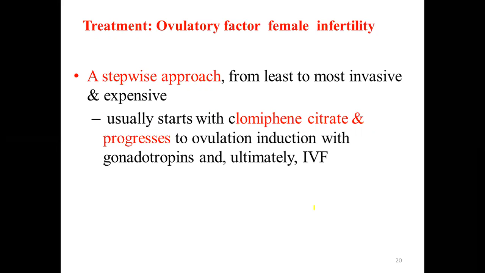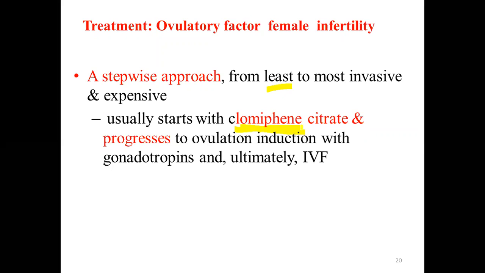Then in the next few slides, we are going to discuss how we manage female factor infertility. Remember, we are still going to use a stepwise approach from the least to the most invasive and expensive procedure. Most of the time, you are going to induce ovulation with pharmacological treatment modalities.